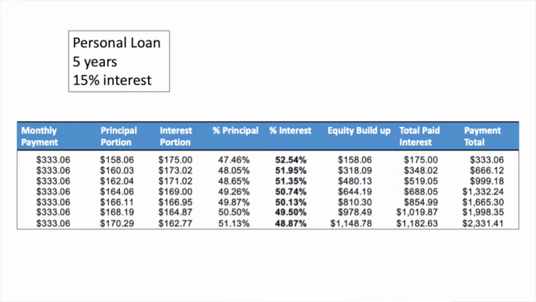So let's take a look at an example real quick. This is a 5-year loan, with a very high interest rate of 15%. On the left side, you can see the monthly obligation, and on the far right, you will see the total payments made. Moving to the left from there, we see the amount of money that has been spent on interest, and the next is the amount of principal that we've paid off.